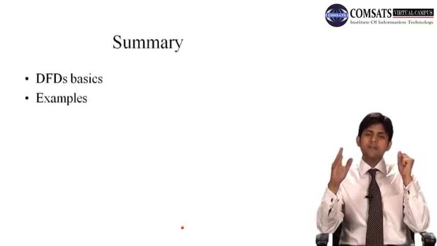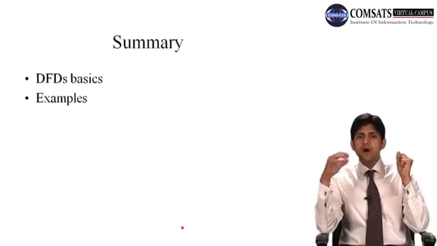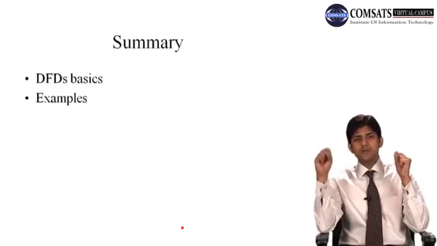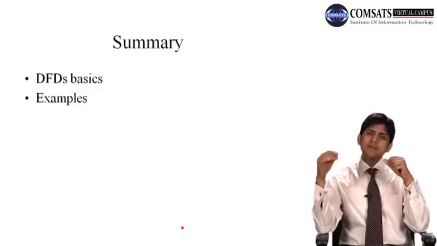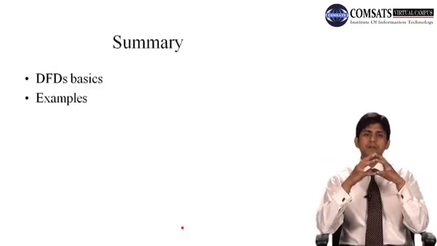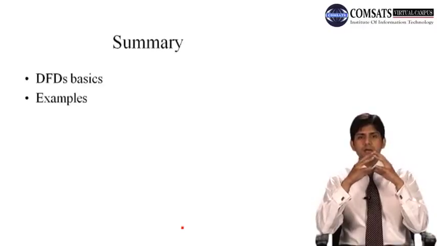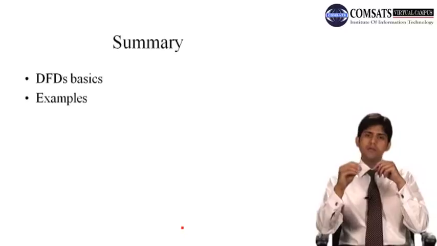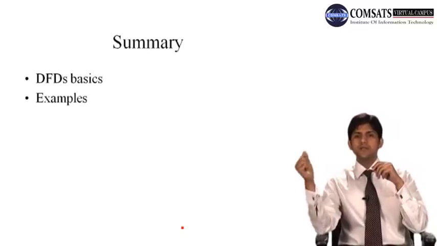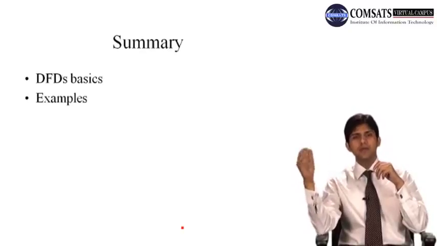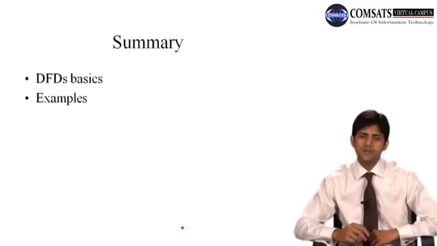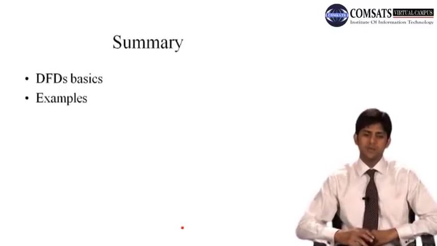It is basically the analysis view of how the customer product will look once you actually make the solution. And we saw that in a DFD there are 4 elements: data stores, data flows, processes, and entities. We realized how we number and label them, and we also saw that we can decompose a DFD, even up to level 8 DFDs, and decompose it further if it's a very complex solution that you are going to make.